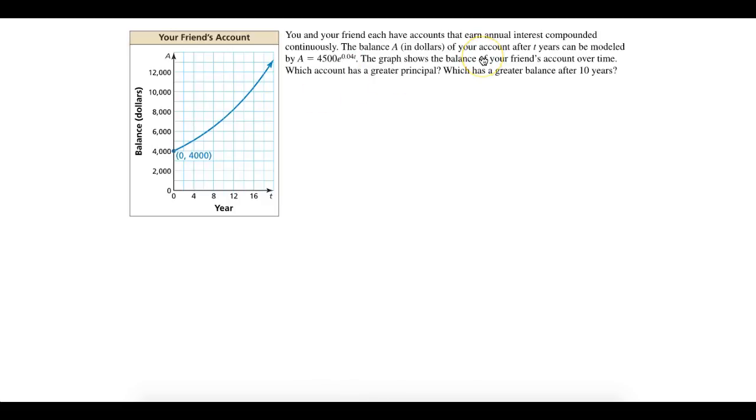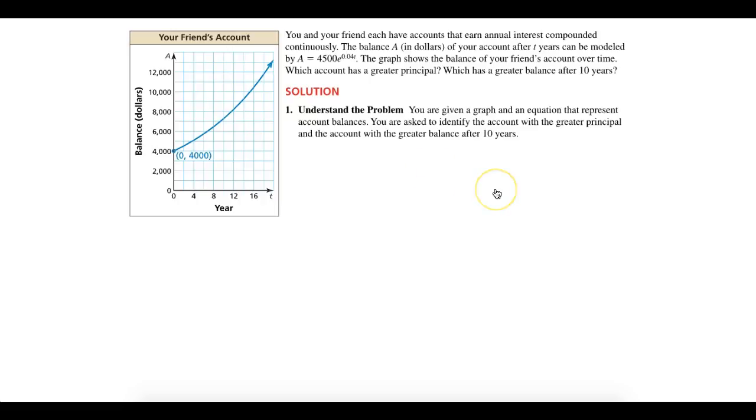With a word problem like this, we want to go through some steps and not just rush into things. We want to make sure we understand everything we're given and everything we're trying to calculate. We've got a graph that represents our friend's account and an equation that represents our account, and both will be used.